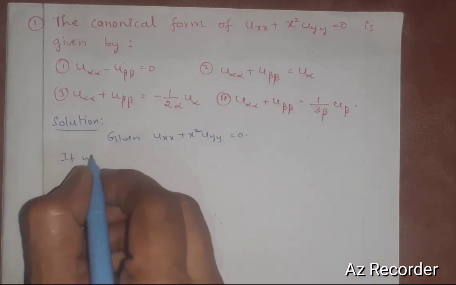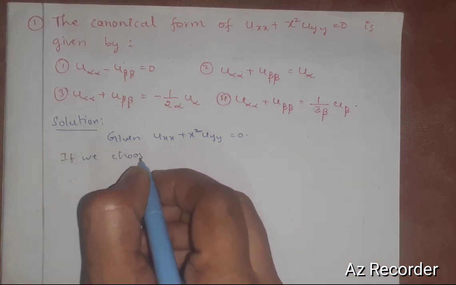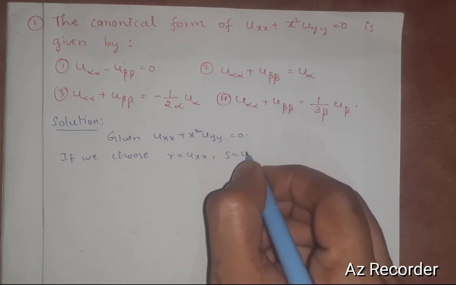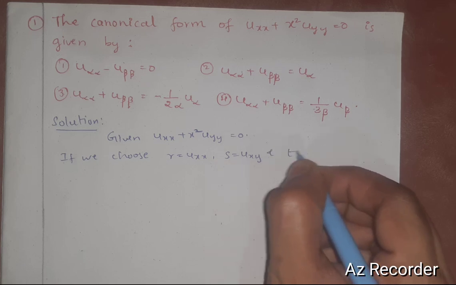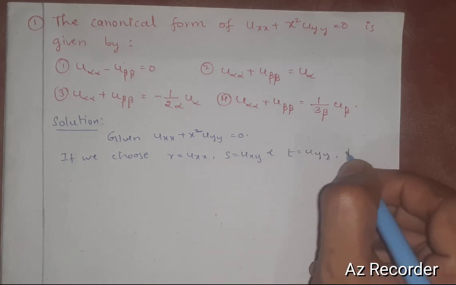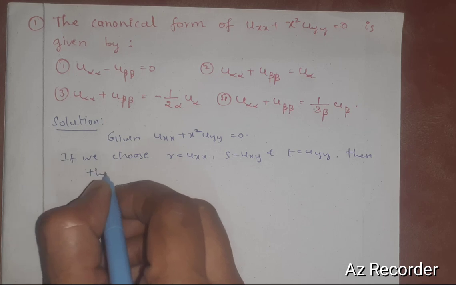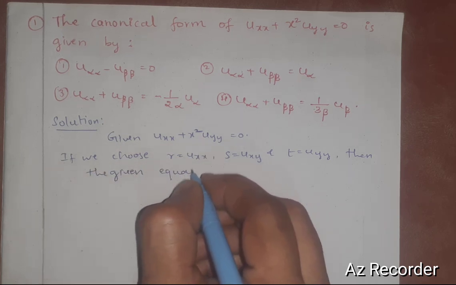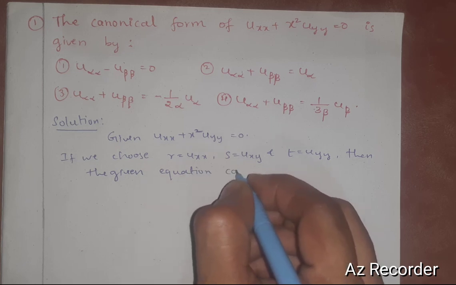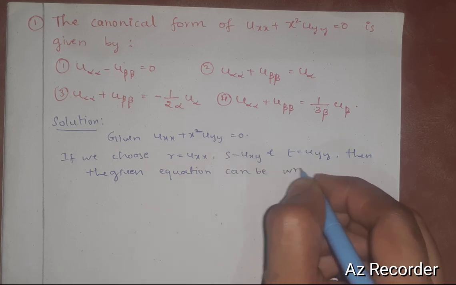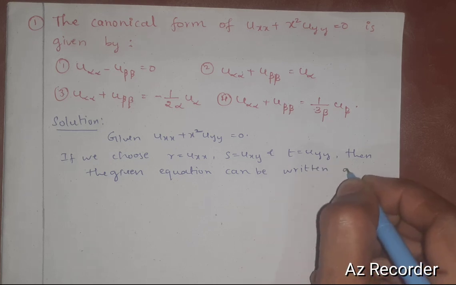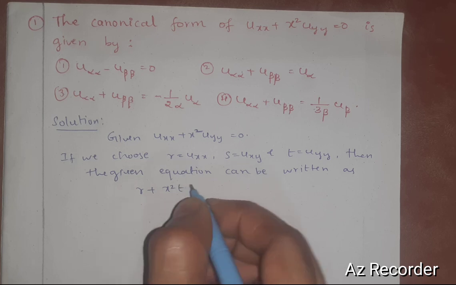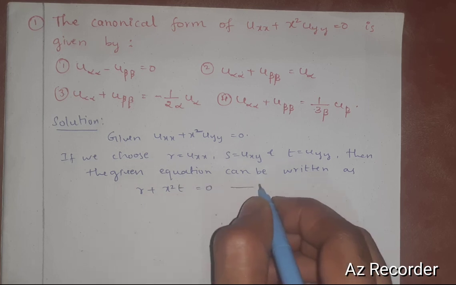If we choose r is equal to uxx, s is equal to uxy and t is equal to uyy, then the given equation can be written as r plus x square into t is equal to 0. I will call this equation number 1.